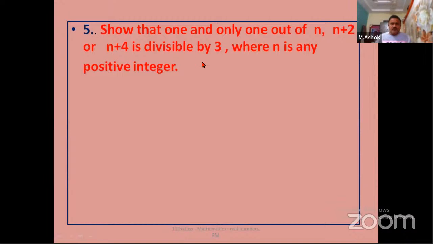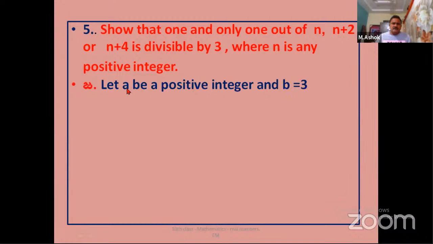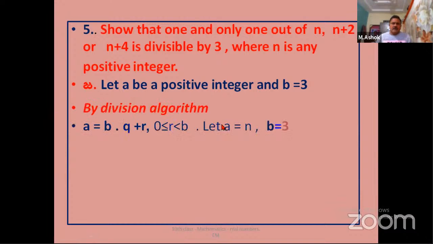We already learned the division algorithm, and we did a few sums. I am taking a positive integer a, and I am assuming b is 3. By the division algorithm, the formula is a equals b into q plus r, where 0 is less than or equal to r, less than b.